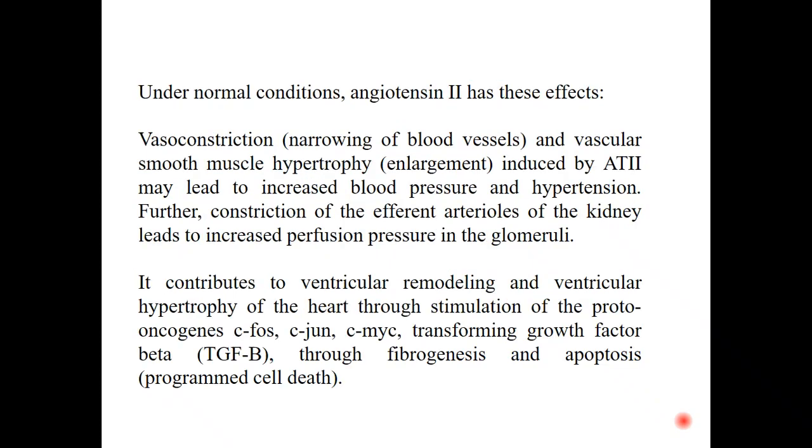Under normal conditions, angiotensin has this effect: vasoconstriction and vascular smooth muscle hypertrophy induced by angiotensin 2 may lead to increased blood pressure and hypertension. Further constriction of the efferent arterioles of the kidney leads to increased perfusion pressure in the glomeruli.